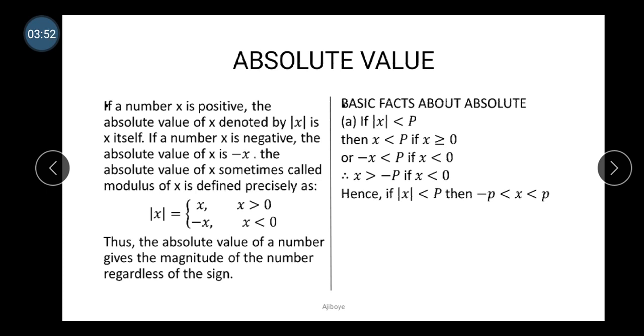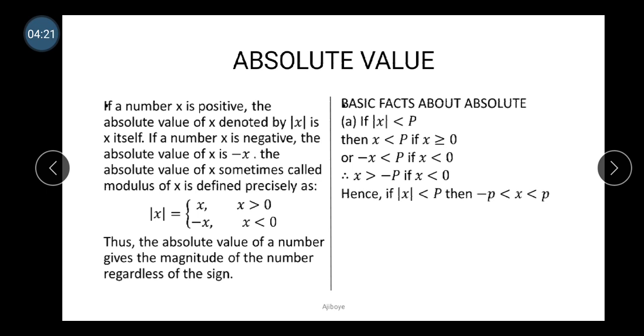So again, we have basic fact A about absolute. If absolute x is less than p, then x is less than p if x is greater than or equal to 0, or minus x is less than p if x is less than 0.